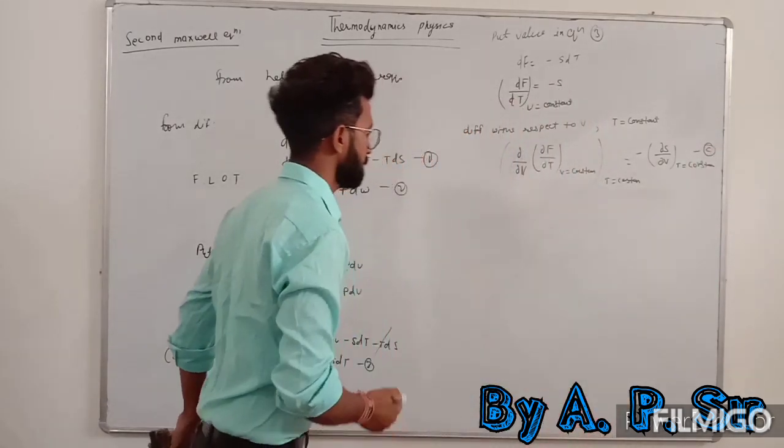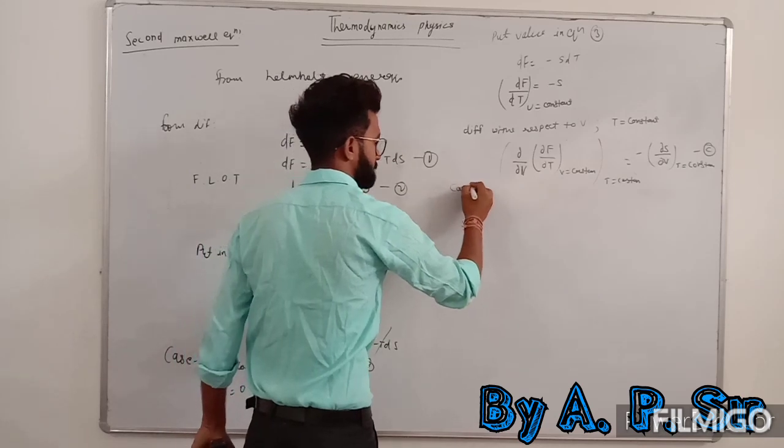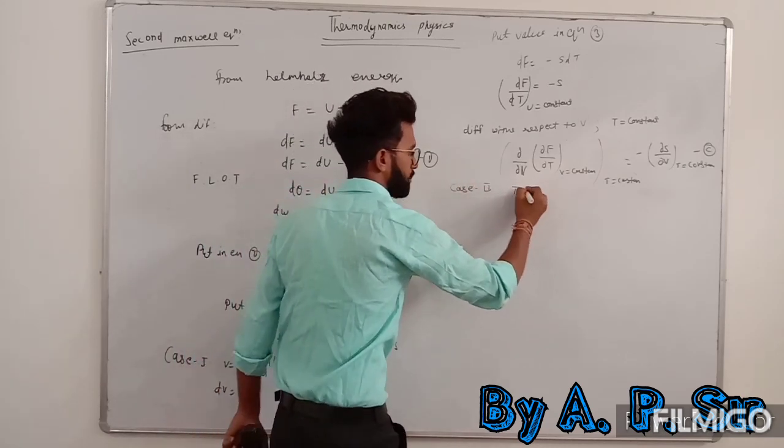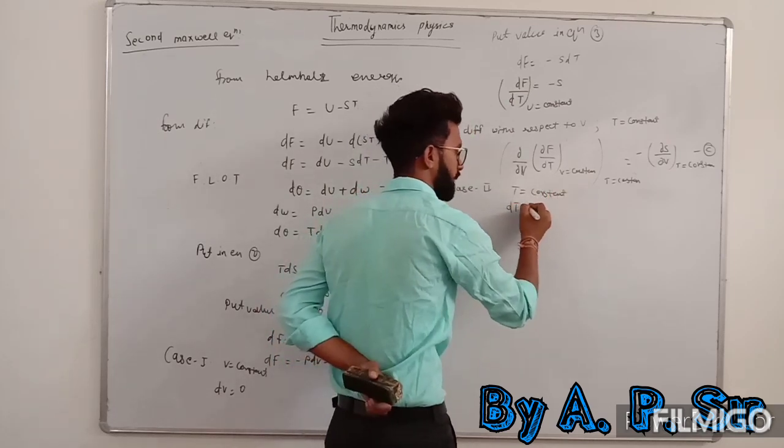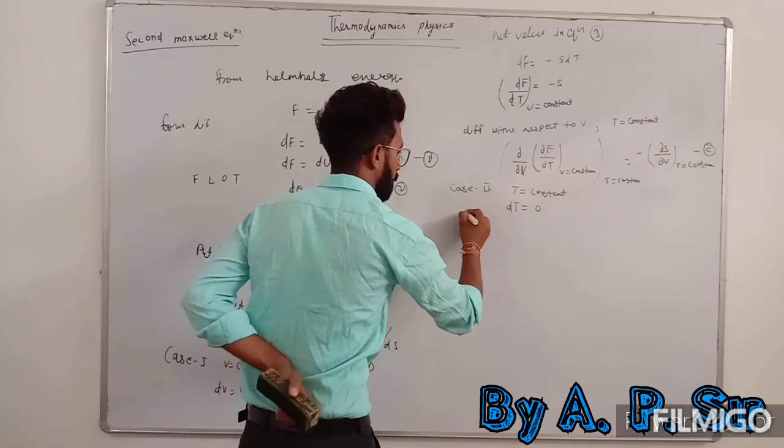Then case second is T equals constant, and the differential form of T is equal to 0.